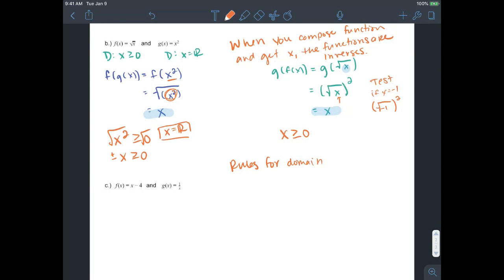Okay, so you have to consider the domain of the initial function, because the output of that initial function is going to be the input to the new function.